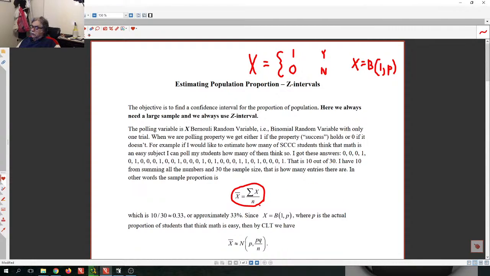So it's 10 out of 30, or 33% if you like to write that as a percentage. Now this is your typical sample mean, okay? The random variable of polling is a Bernoulli random variable. It's 0, 1. So in one instance it is 0, another instance 0, another instance 0, another instance 1, and on you go. That's the Bernoulli random variable.